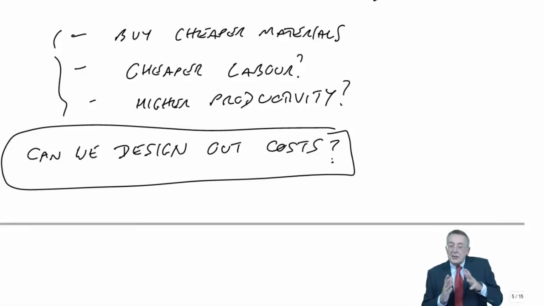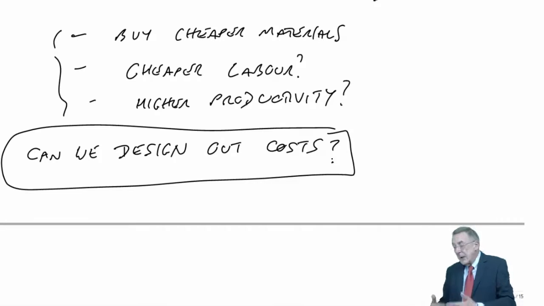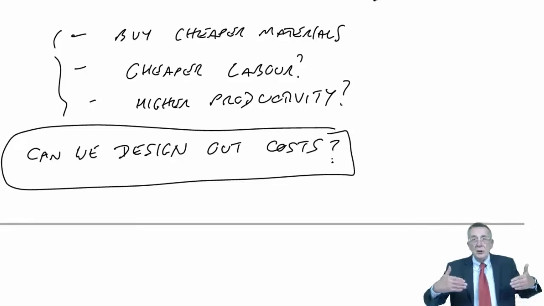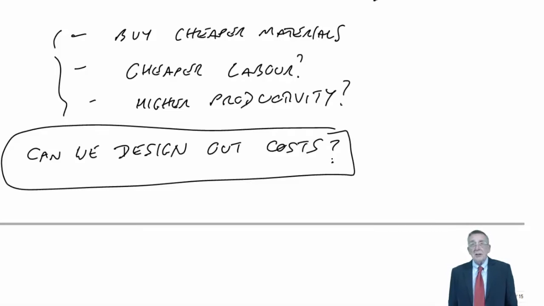But this is why target costing is most often used when it's a new product. And it's part of the design process. You design your new desk or your new car. You cost it out and find it's costing too much.